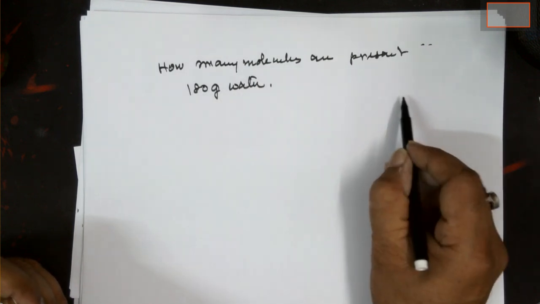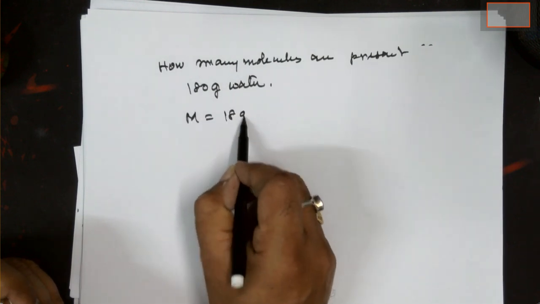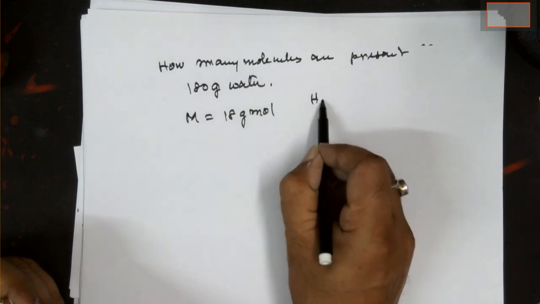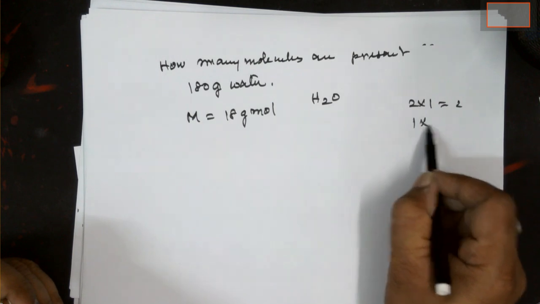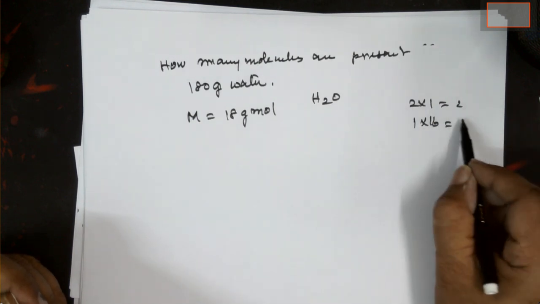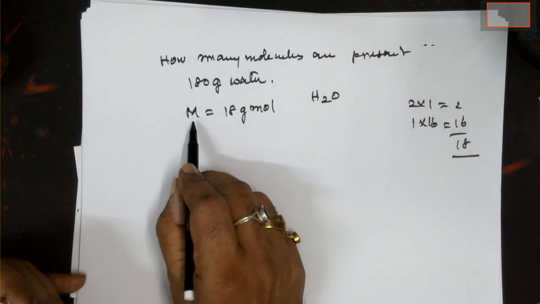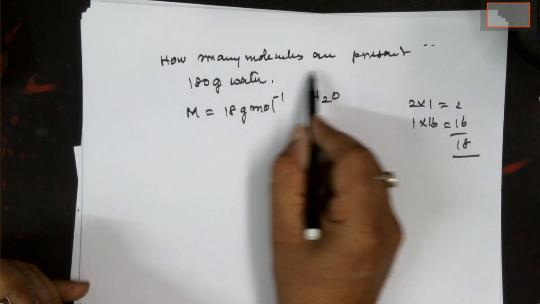We know the molar mass of water is 18 gram per mole, since water is H2O. So 2 into 1 is 2, and you have 1 oxygen, 16, so 18 gram. So molar mass is 18 gram per mole. And what is given here?